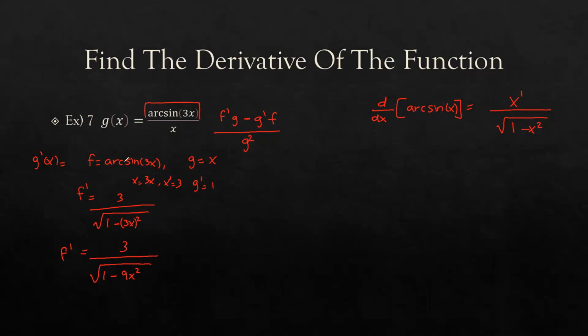We're going to use that because we're going to apply the quotient rule, right? So it's f prime times g minus g prime times f, all over g squared.